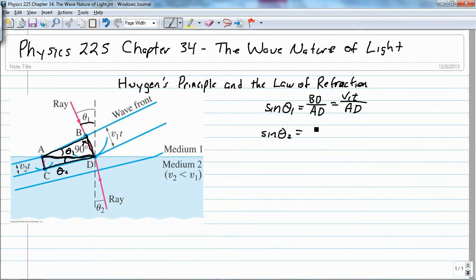And that gives us AC divided by AD. So AC here is this length over here. And AC is just the velocity in medium 2 times the time divided by AD.